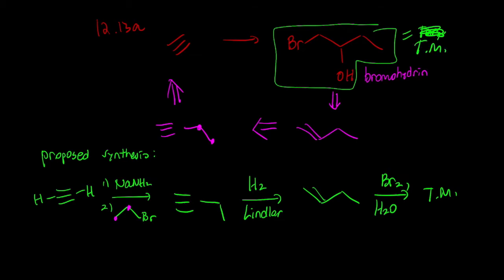TM. TM is target molecule. So that's 1, 2, 3 steps. This right here is the type of problem you should be able to do. Okay, 1, 2, 3 steps. I know step 1 is technically 2, but we're talking about 3 synthetic transformations. All right, so this is an excellent problem to be familiar with.